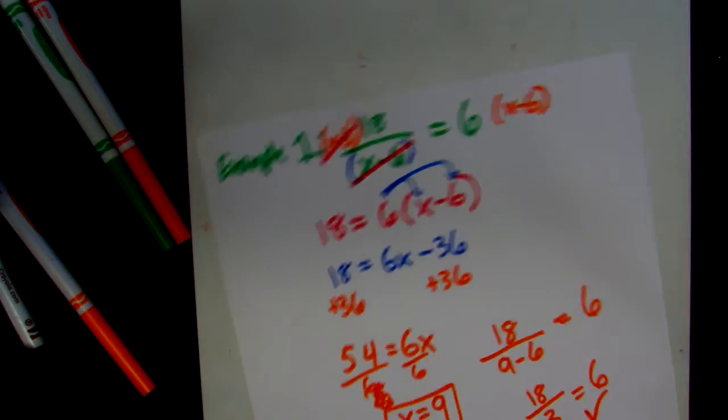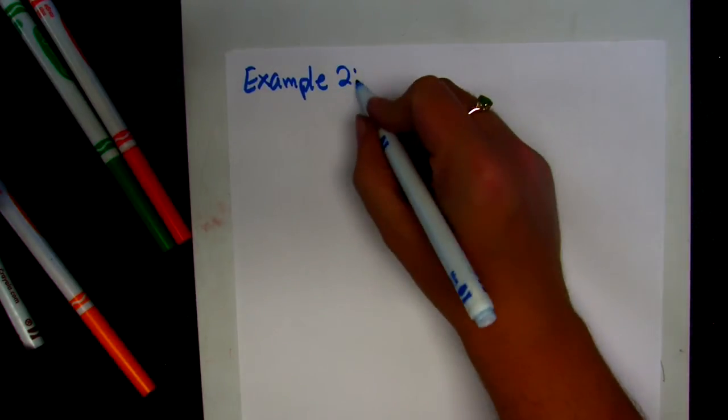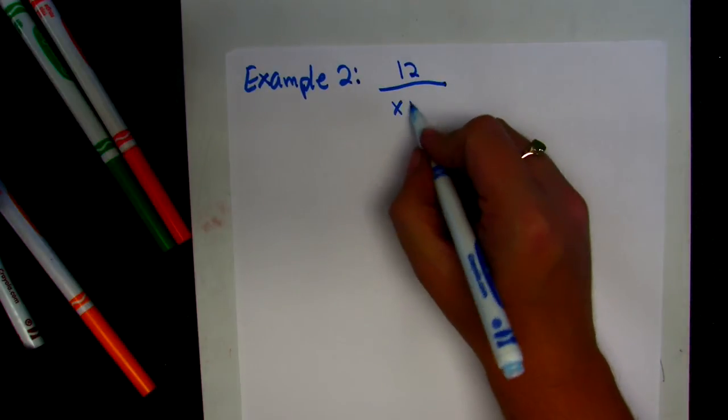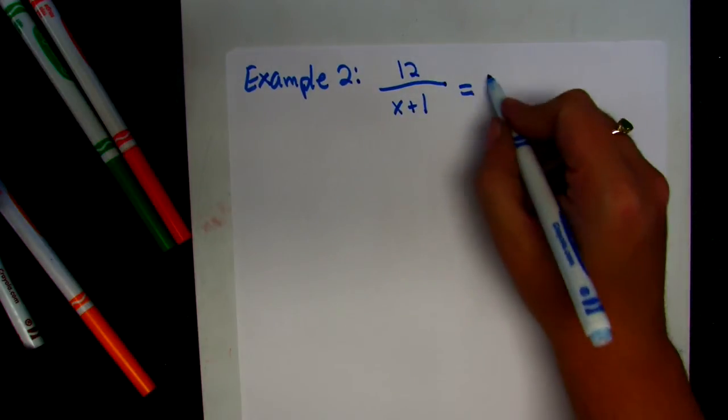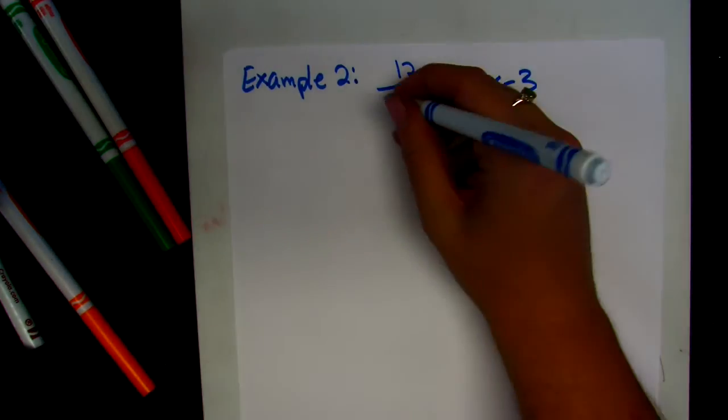Okay, let's look at another example. This one will be a little bit more complex. We're going to do 12 over x plus 1 equals x minus 3. The first thing that I always do is put my parentheses in.